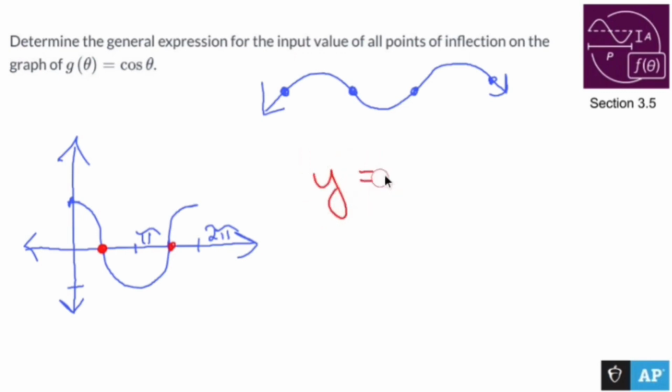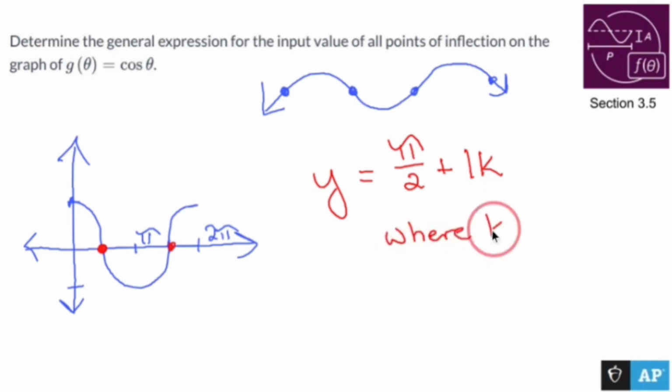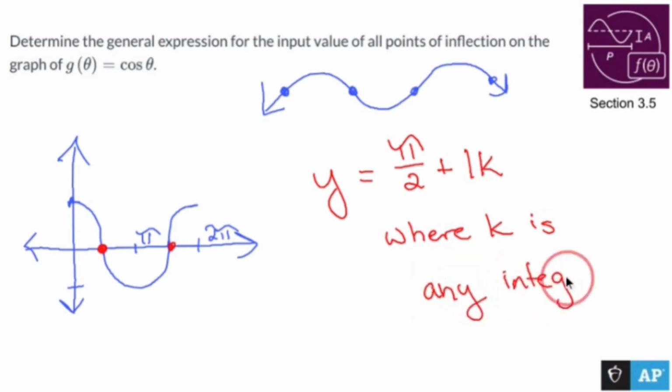Theta equals half a pi plus 1 pi k, where k is any integer. Okay, that's going to be the input value.